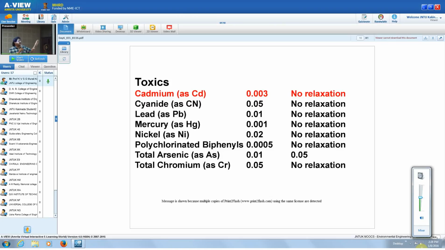You simply observe, all these parameters are toxic. Toxic means at very low concentration they can cause death. The ultimate penalty also can be there. All other things, for example, if water has color or turbidity, that means it has some silt or clay.